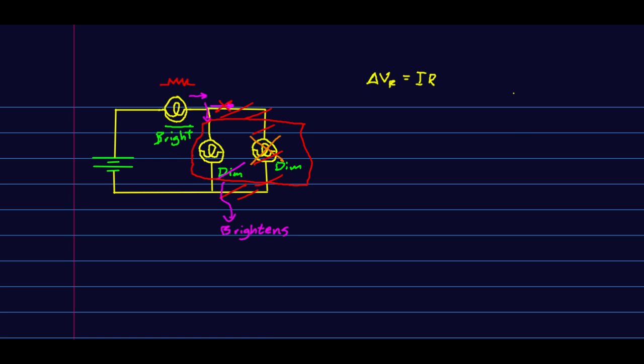It was lower when there were two light bulbs, and so we've just increased the resistance, which has increased the resistance of the overall circuit. And so the total current flowing through the battery should reduce, and that means that this bulb is going to get dimmer. Now in the end, this bulb is going to be the same brightness as this bulb, but that happened because this one got brighter and this one got dimmer.